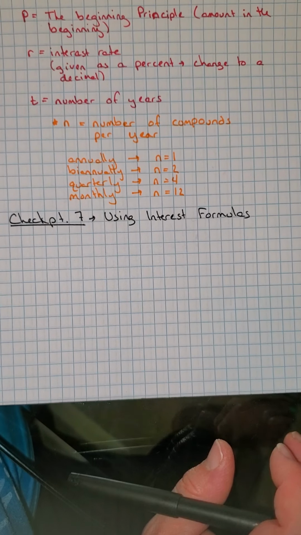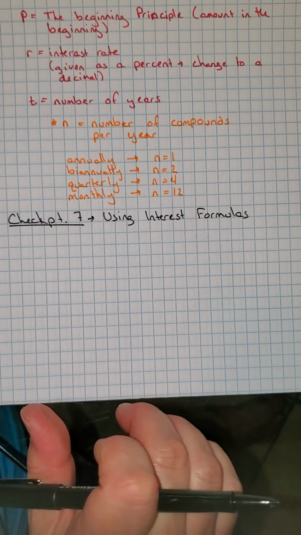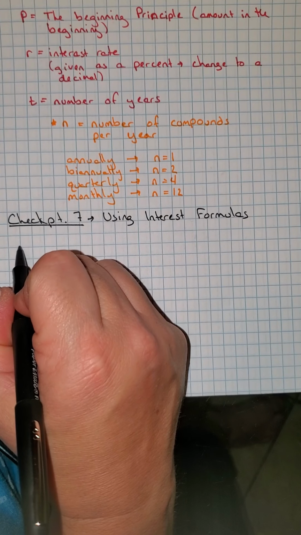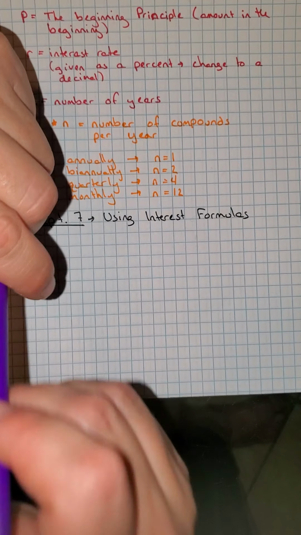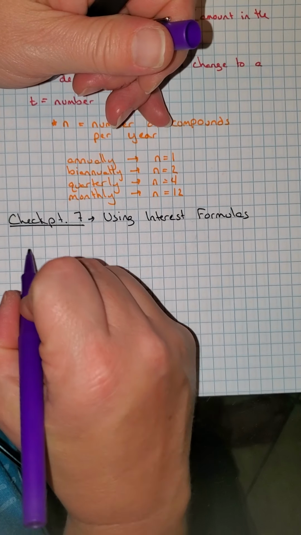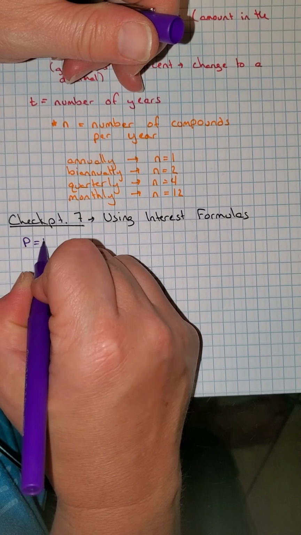Find the balance in the account after 5 years, subject to A, quarterly compounding, and B, continuously compounding. Okay, so we have some things that are common for both. We have $10,000 being invested. So for both of these, our P is 10,000.